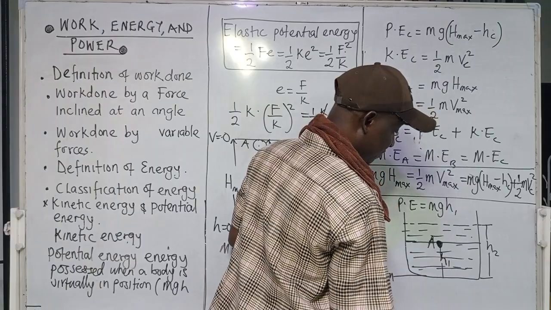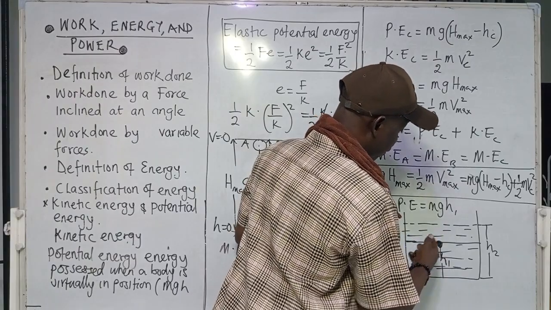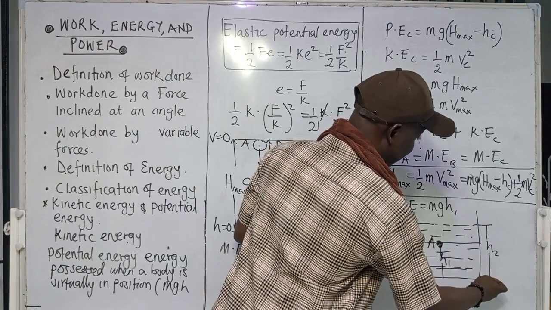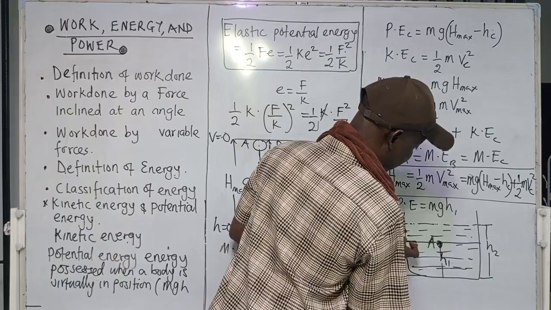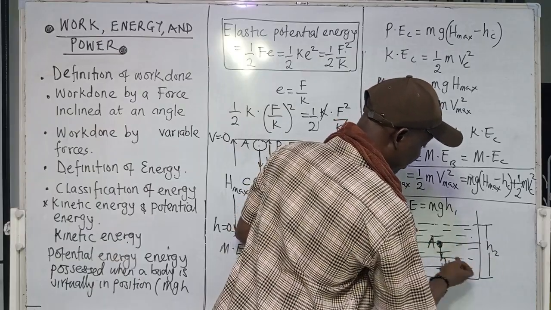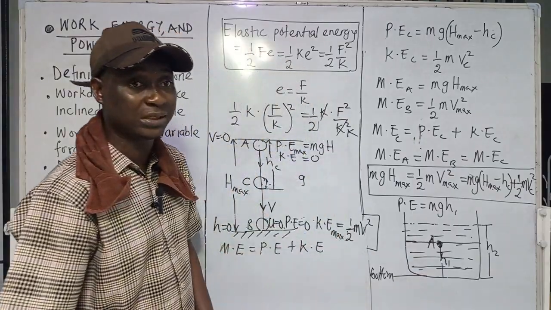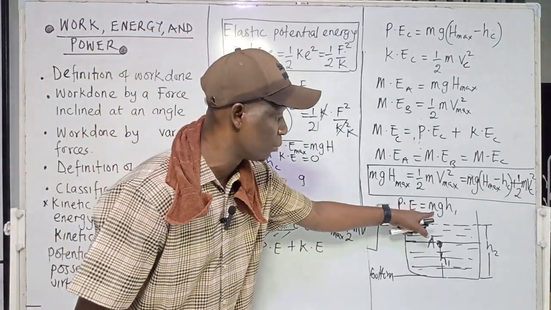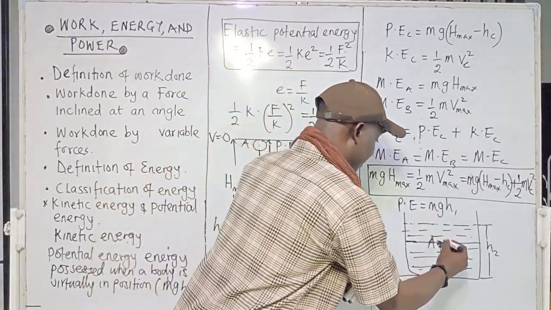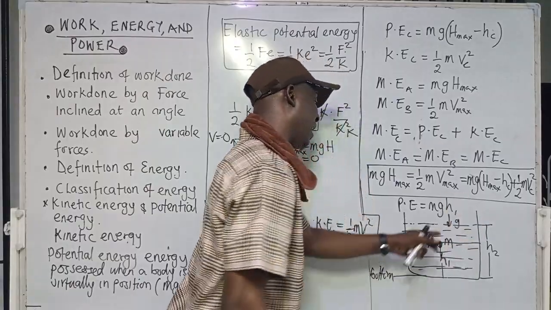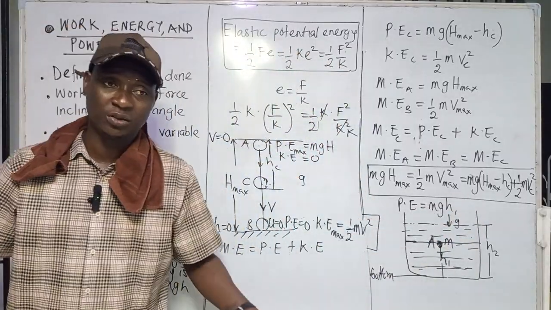You calculate from here to this place, then remove it from this one, you still get H1. So just go straight to the point by multiplying the mass of the object that is given to us, the gravity that is acting on the water, and the H1. So that is just that.